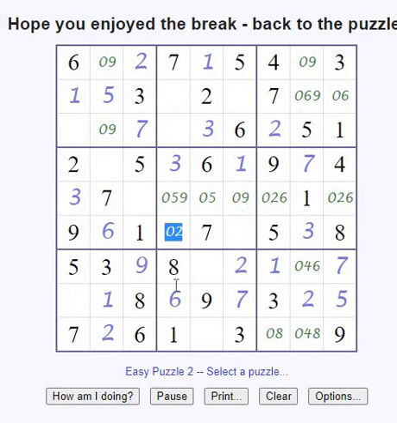So this is the only place where 2 can be. There's a 2 here, so we delete this 2, and so 2 must be here. So I think we filled up all of the 2's.